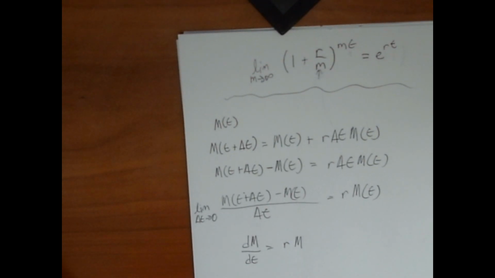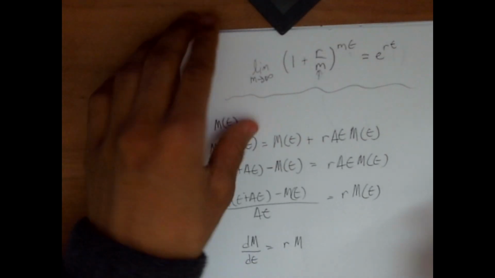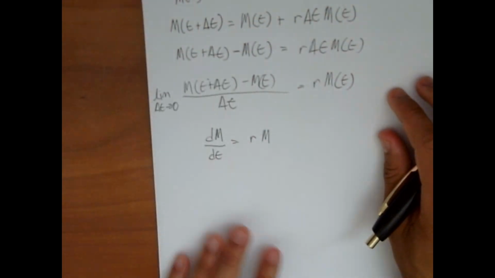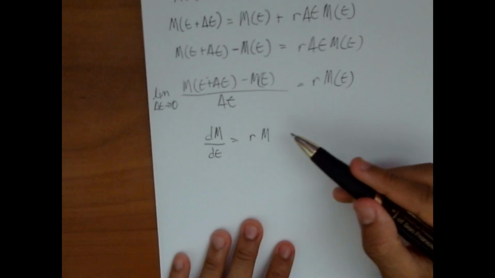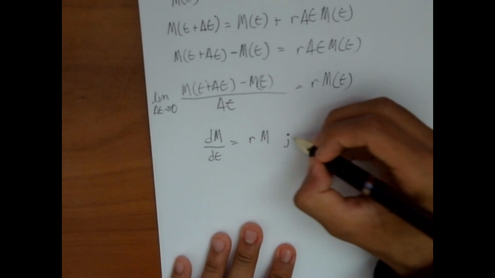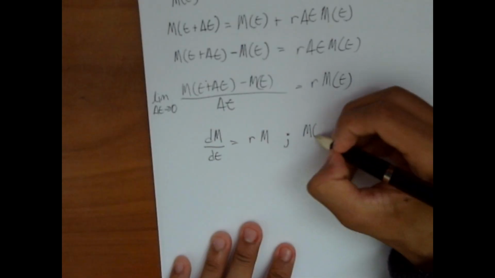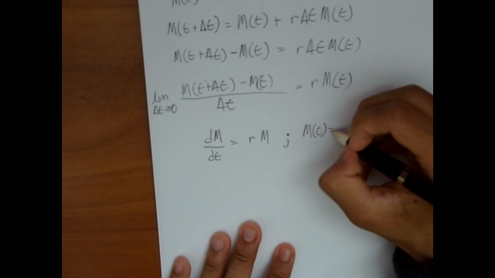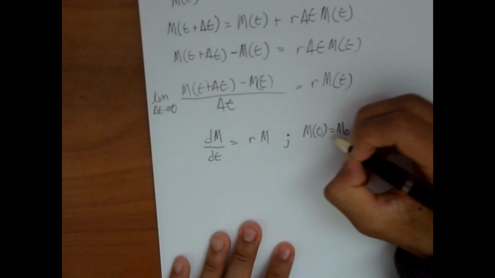I took out the "with respect to t" because I don't feel like writing that. And we can give it the initial condition M(0) equal to M naught.